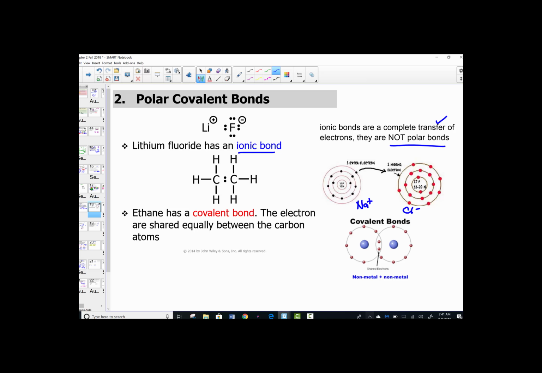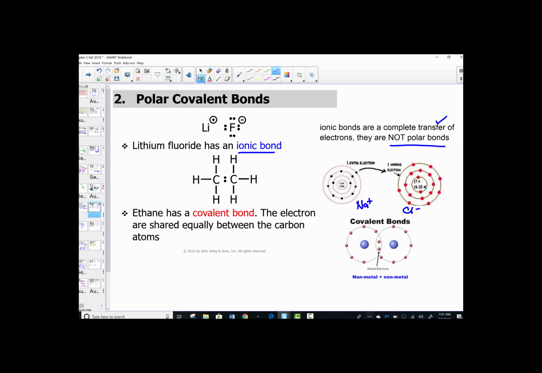Someone's in charge of that electron distribution based on its stronger pull, based on the electronegativity of the atom. So if I had a carbon-carbon single bond, we would say that's an equal sharing, because the electronegativity difference between two carbon atoms, because they're alike, would be equal to 0, nonpolar.